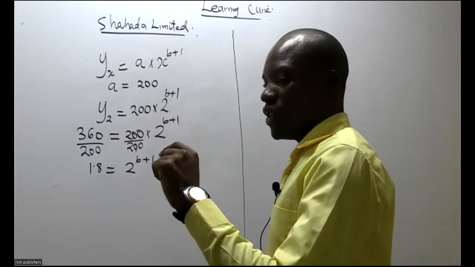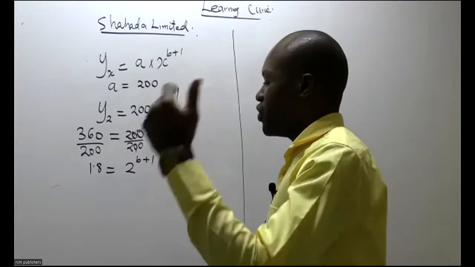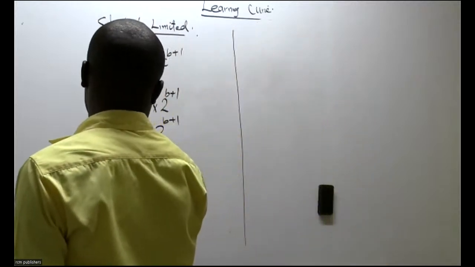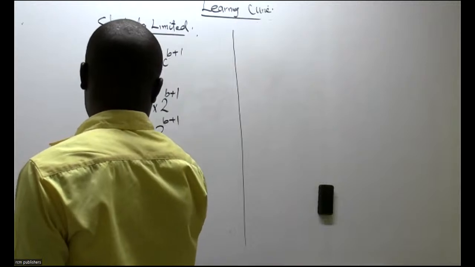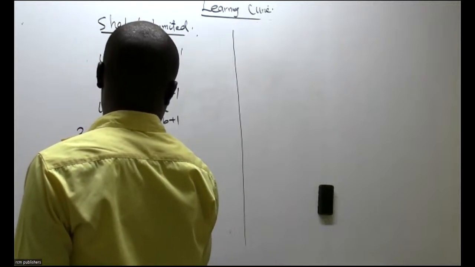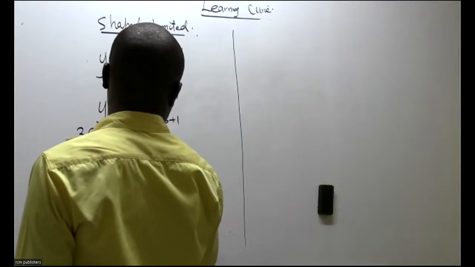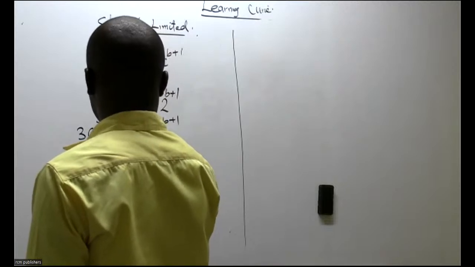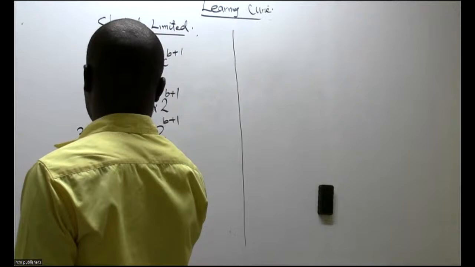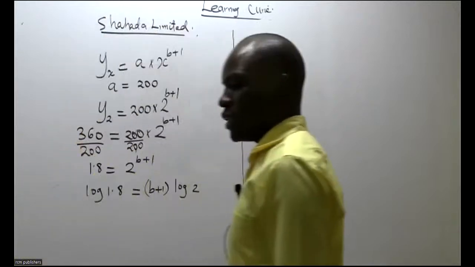What do I need to do to work this out in a simple way? Introduce log. So on this other side, I will say B plus 1 log 2 is equivalent to log 1.8.